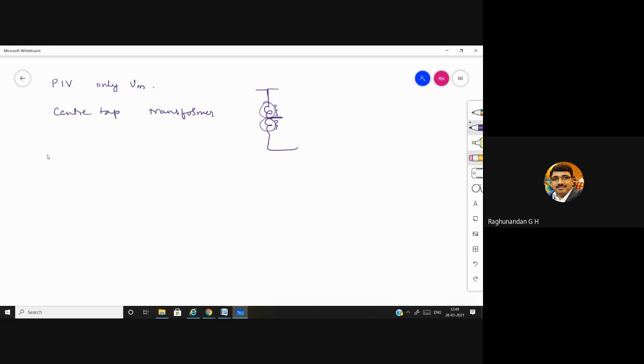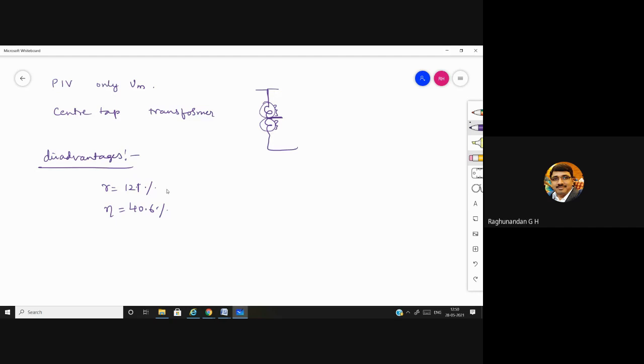Coming to the disadvantages, we have a lot of disadvantages. Can anyone tell me the first disadvantage? Ripple factor. Yes, ripple factor is 121%, which is not at all acceptable. After that, efficiency is just 40.6%, which is very low.